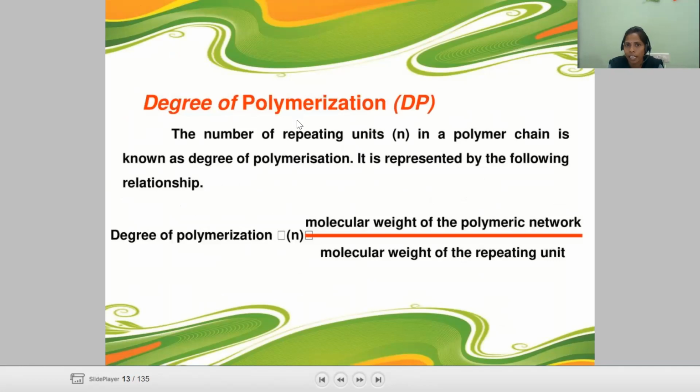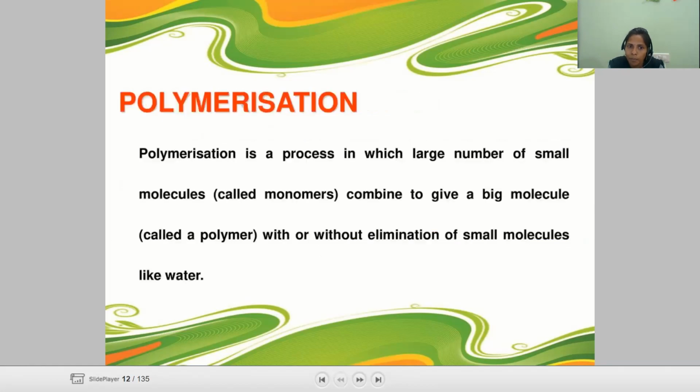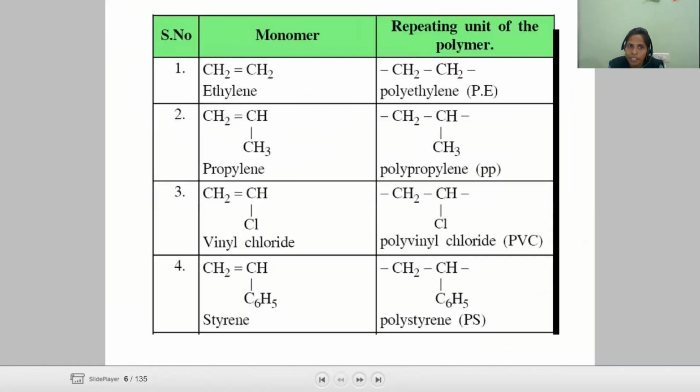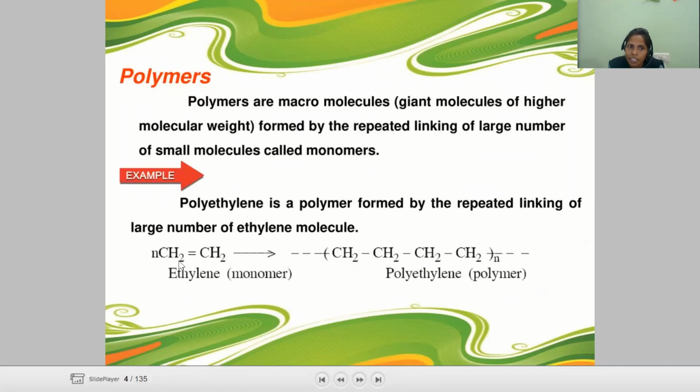And degree of polymerization. The number of repeating units in a polymer chain is known as the degree of polymerization. Again, I'm repeating: the number of repeating units in a polymer chain is known as the degree of polymerization. In the first example we saw, how many times is ethylene repeating? n number of times.